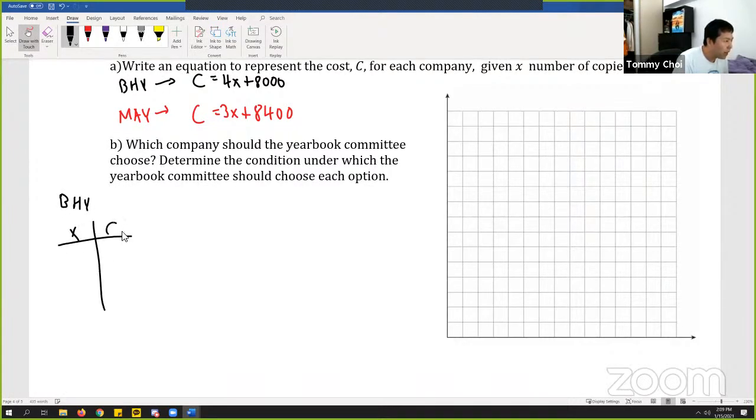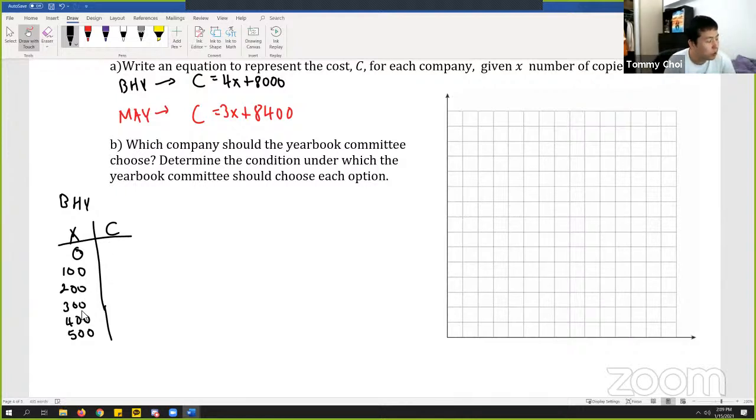So we need to figure out a good scale for our graph. If we do X and C for number of copies and cost, we start off with 0. And when you sell yearbooks, you don't sell one at a time. Let's go with 100. I'm not going up by 1, 2, 3, 4. That's not going to help us. Let's go up by a significant margin, which is 100.